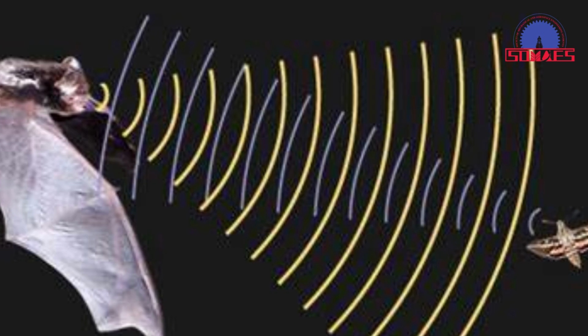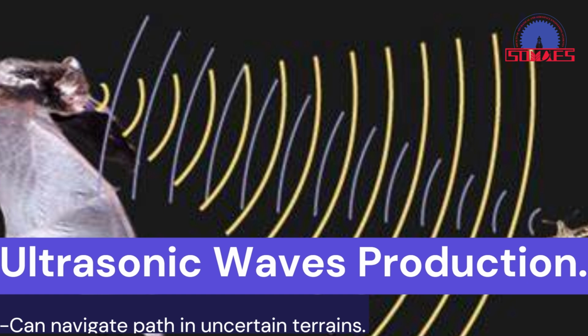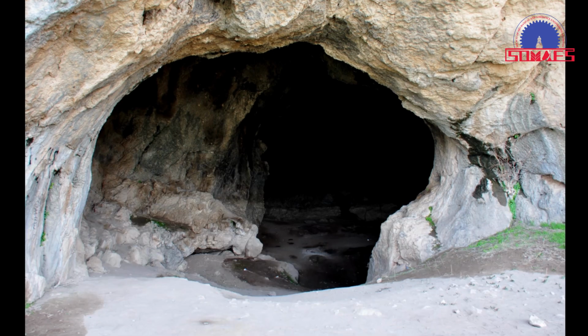We have ultrasonic sensors. Ultrasonic sensors produce ultrasonic waves, and when the waves reflect back after striking a surface, then we know that the surface is present. These ultrasonic sensors are inspired by bats, which are able to navigate in dark environments without light, without eyes, with the same sense.